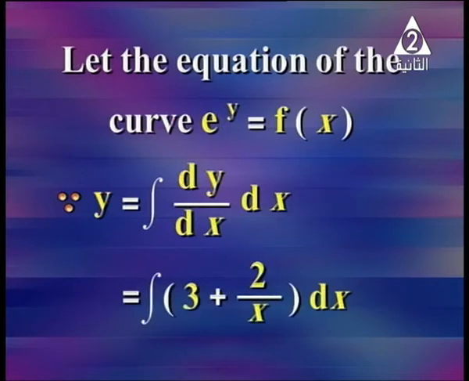Then we put dy over dx as 3 plus 2 over x, dx. This is y equals the integration of the bracket containing 3 plus 2 over x, dx.